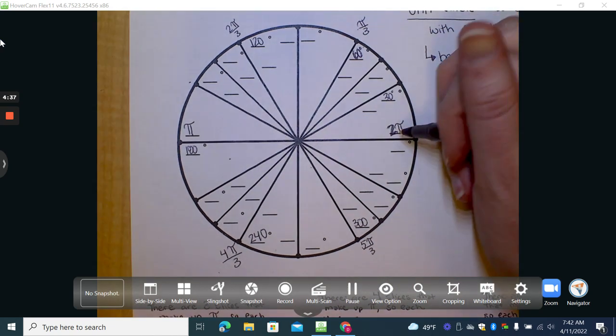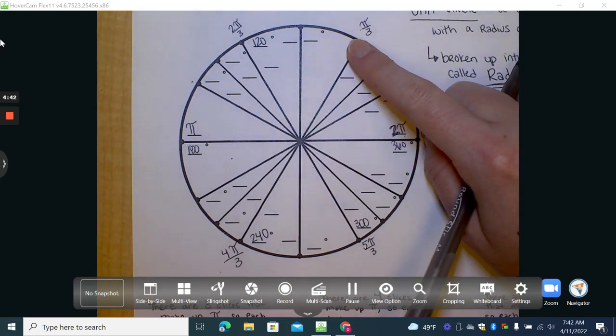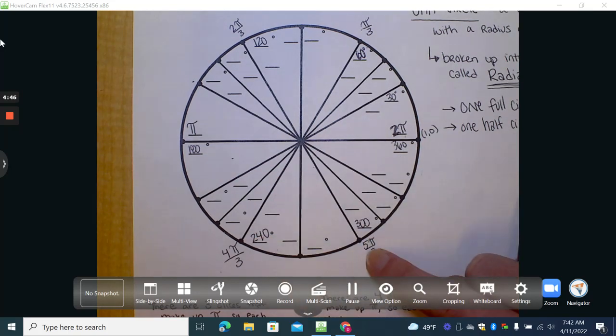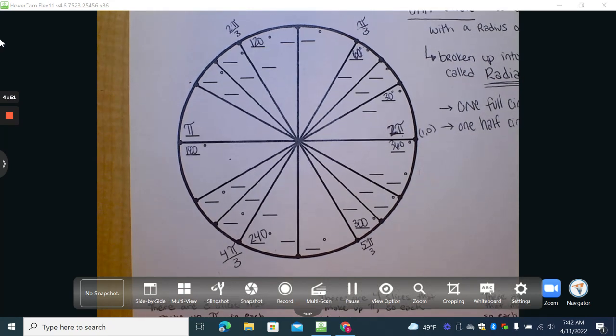And then this, of course, is 360 degrees by the time I get back. So 1/3, 2/3, pi, 4/3, 5/3, 2 pi. All right, those are my versions of pi that are all divided by 3.